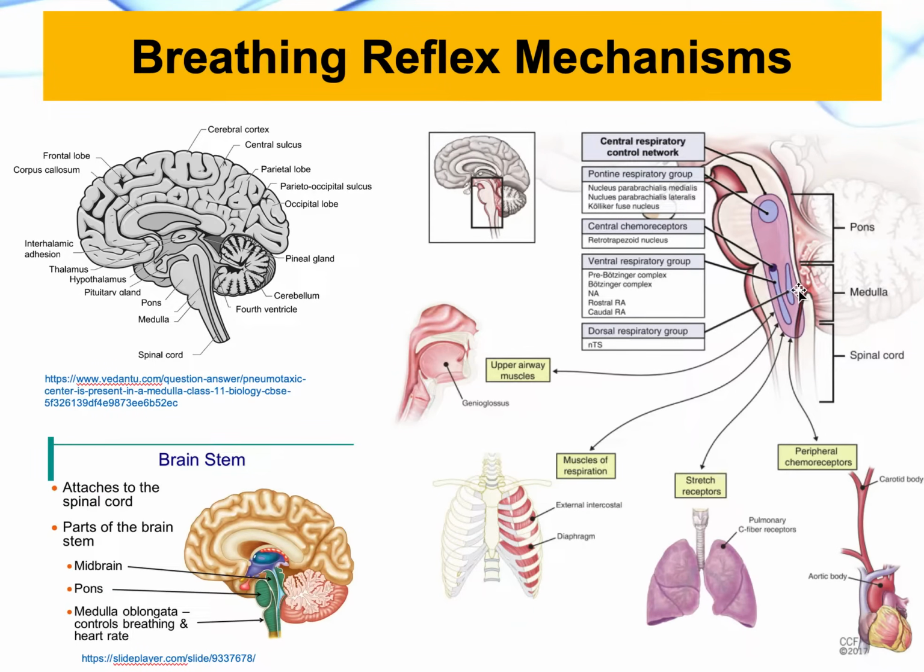Also we have the pontine respiratory group, which we call the pontine respiratory center, which interacts with the ventral and the dorsal respiratory groups in order to have smooth respiration. And all three of these parts of the stem control the respiration.